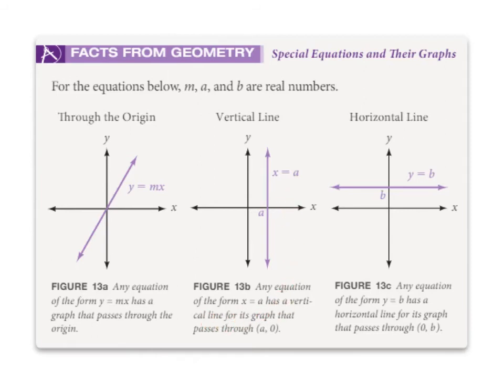It always has the form x equals a, because it doesn't matter what y is. Y could be anything. Whereas for a horizontal line, x could be anything, but y is always the value b. So horizontal and vertical lines have more simplistic equations. Vertical, x equals a. Horizontal, y equals b.